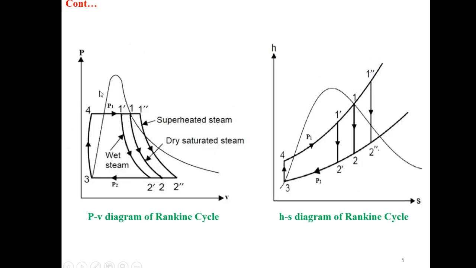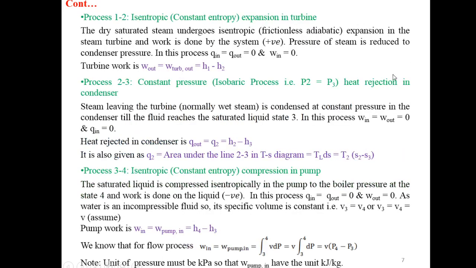Similarly for this PV diagram, the nature of constant entropy line is this one, curved line. So 1, 2. And in the HS diagram, again we'll get the vertical line from 1 to 2. Now, we are getting the work, so our work will be positive. So in this process, Q in is equal to Q out equal to 0 and W in is also equal to 0.